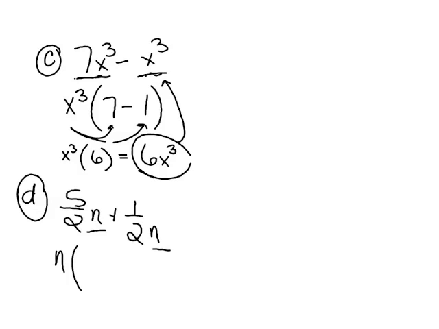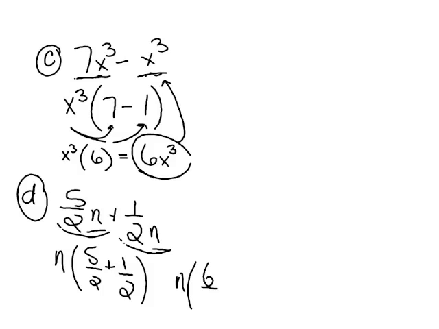What do I multiply n by to go back to this? 5 over 2. And what do I multiply the n by to go back to this? 1/2. Positive or negative? Positive. Okay, then solve inside my brackets. 6 over 2, or 3.